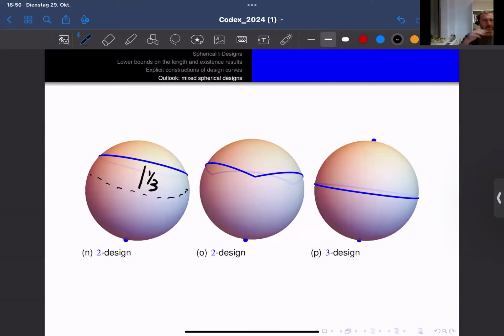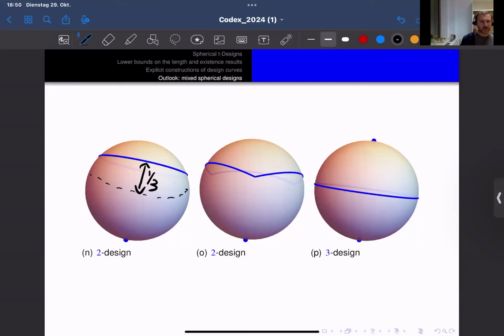If it's a different height, it would still be a 1 design. But for 1/3, it's a 2 design. You can also have a south pole and a very particular distinct triangle centered at the north pole. That is a 2 design. And maybe a very beautiful 3 design, a mixed 3 design: north pole, south pole, and equator.